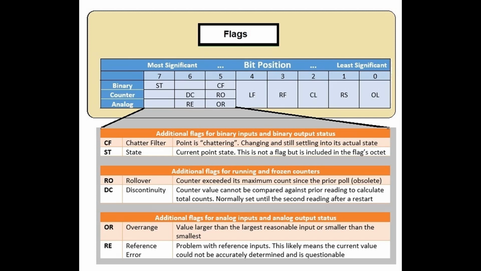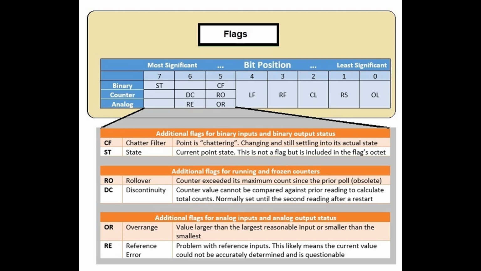Flags for running and frozen counter are two. The first is the rollover flag. This says that the counter has exceeded its maximum count since the prior poll and has restarted counting again from 0. This flag is obsolete, so you cannot be guaranteed that it will be supported in any outstation.